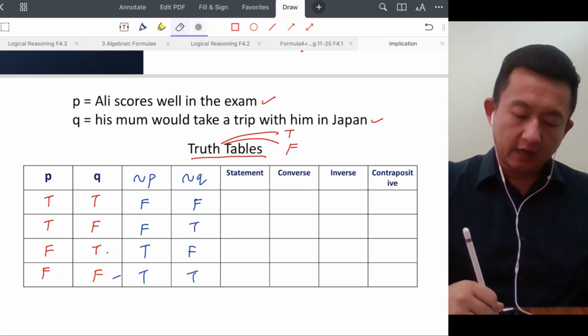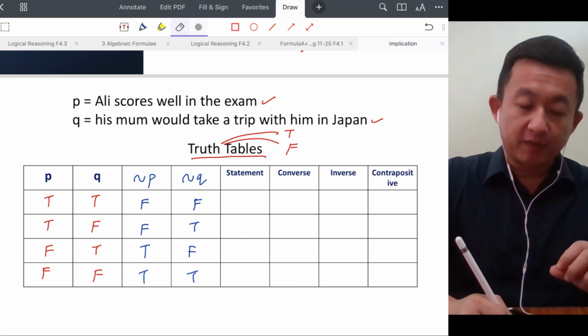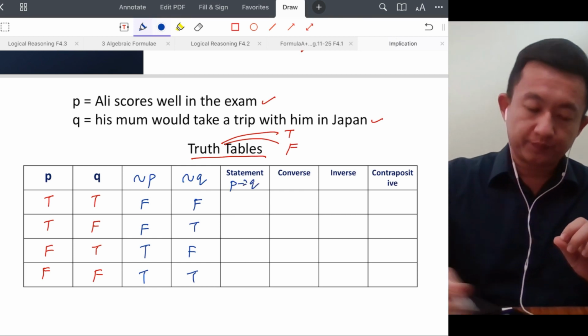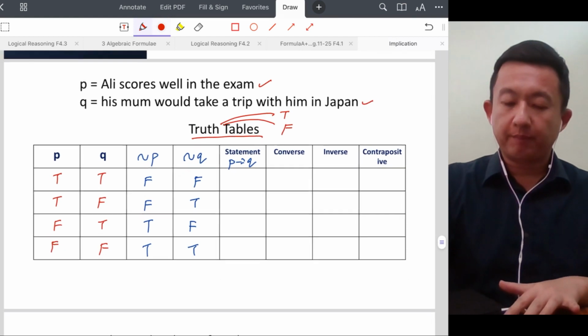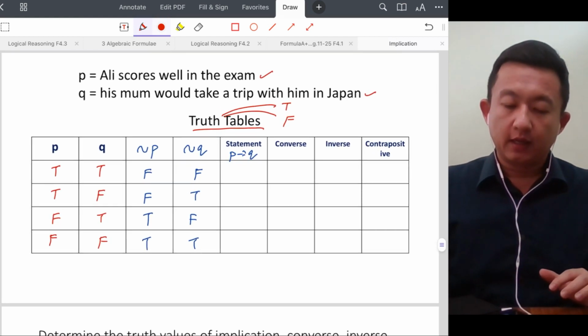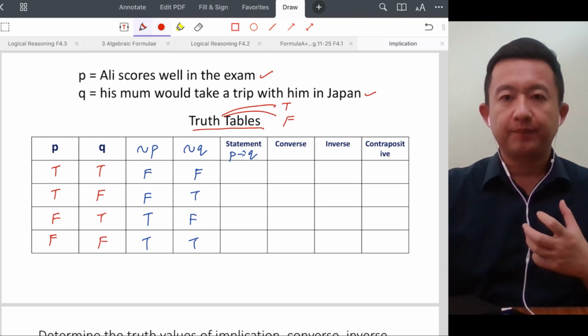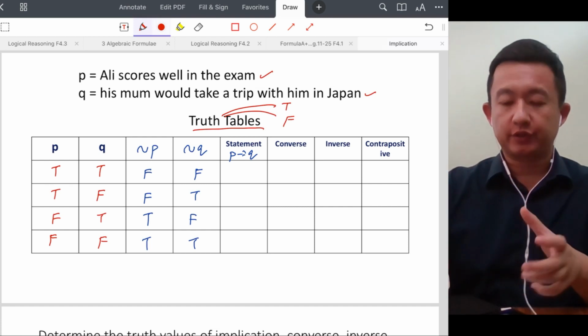Now we look at the first type of statement. The first type of implication is the statement P to Q. Okay, P to Q. Before that, in order to help you memorize this truth table, I know there are many ways of memorizing it. See whether this way fits you.